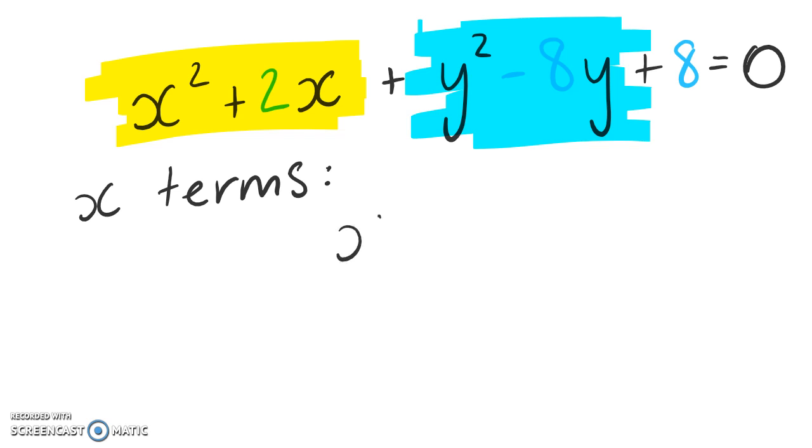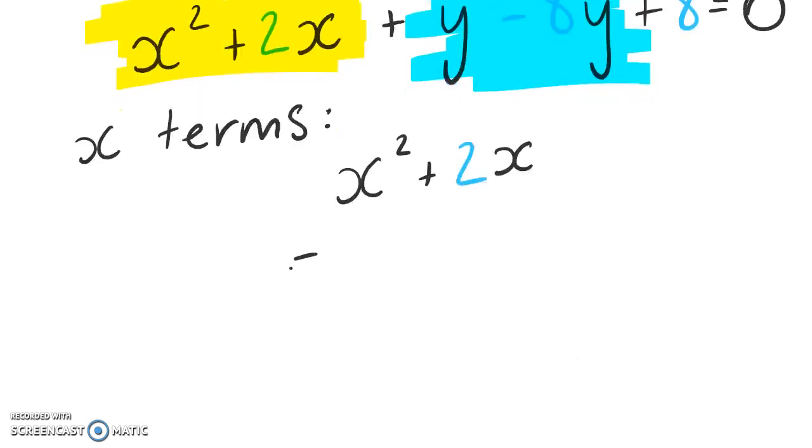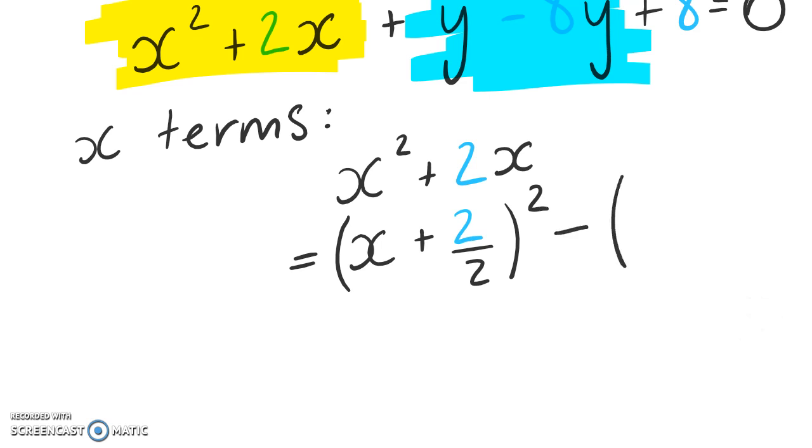For our x terms, we have x squared plus 2x. And we know, using our completing the square that you saw in the previous video, we can straight away write this down as equal to x plus 2 on 2 squared, take away, open brackets, 2 on 2 all squared.